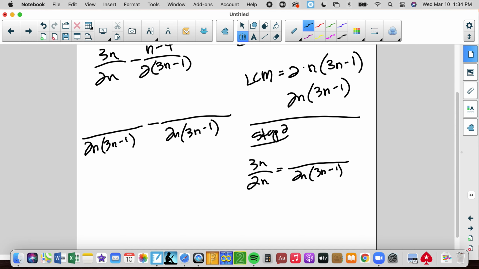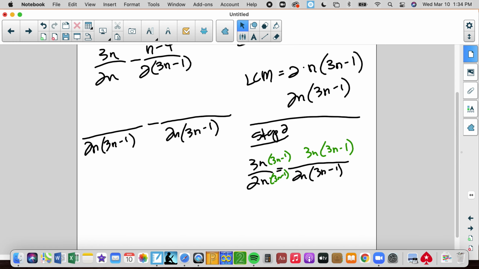So what is this missing? This is missing a 3n minus 1. So we get 3n times the quantity 3n minus 1. The other fraction is n minus 4 over 2 times the quantity 3n minus 1.